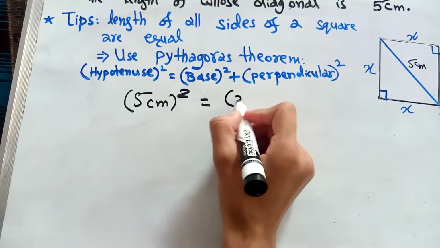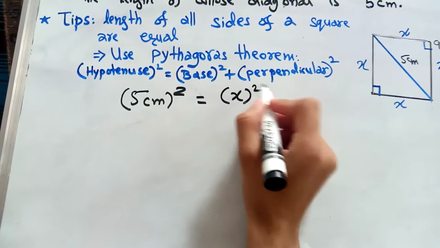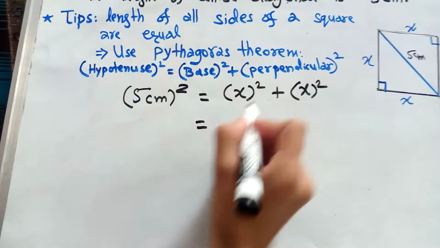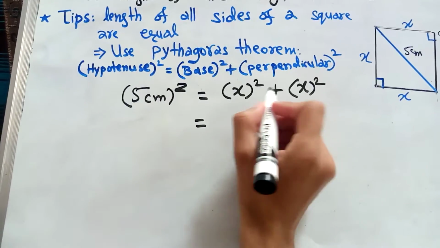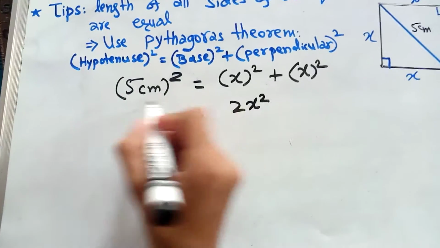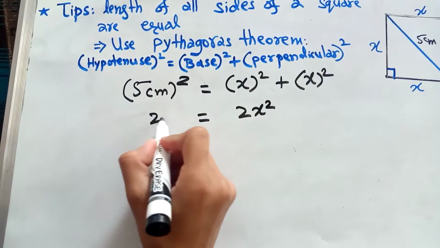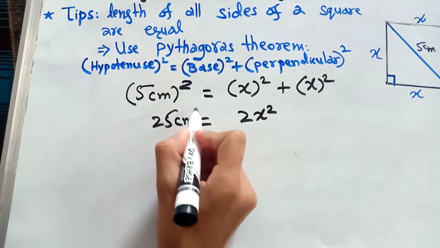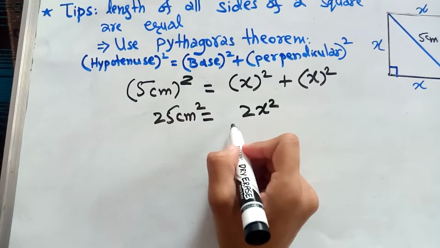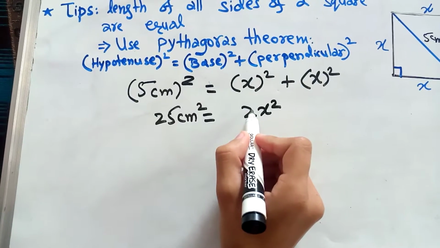So the length of base is x, raised to power, x square plus x square, and then these both terms are like terms, so they add up to give us 2 into x square, and 5 into 5 is 25, so 25 centimeters square. Now what we do is that we have to divide this 25 by 2.